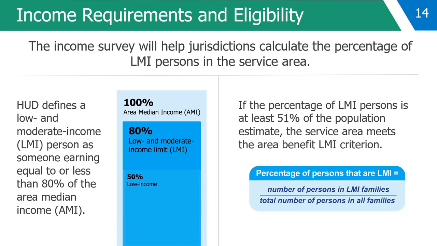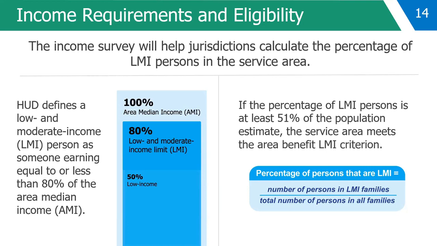So basically anybody under 80% of the area median income is in that LMI group. And here's how you would calculate that percentage of persons that are LMI. You would take the number of persons in LMI families and divide that by the total number of persons in all families.